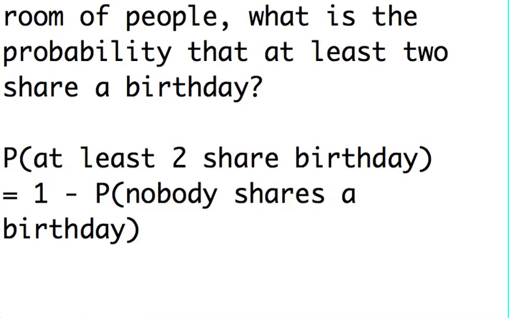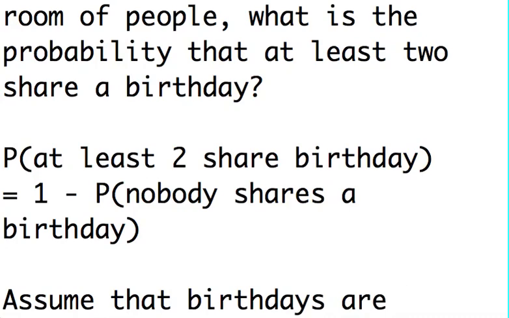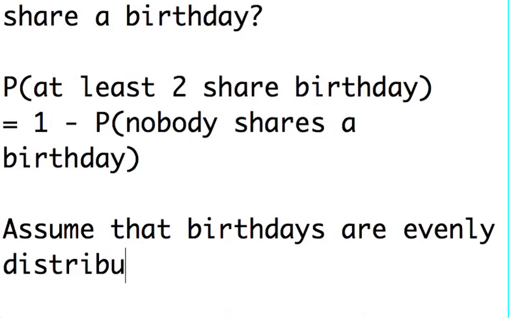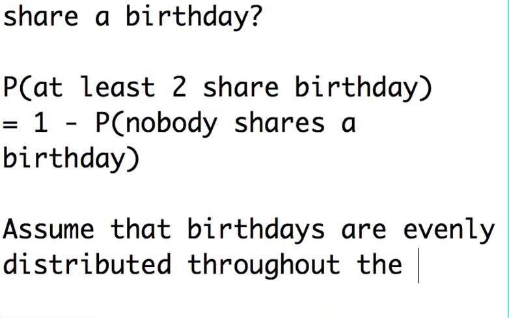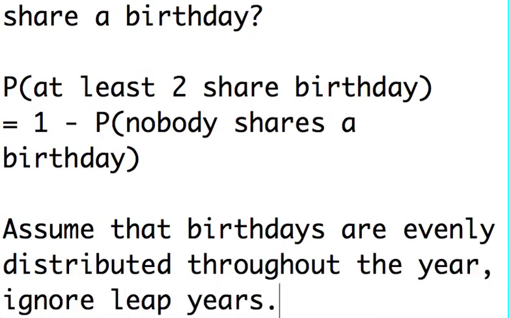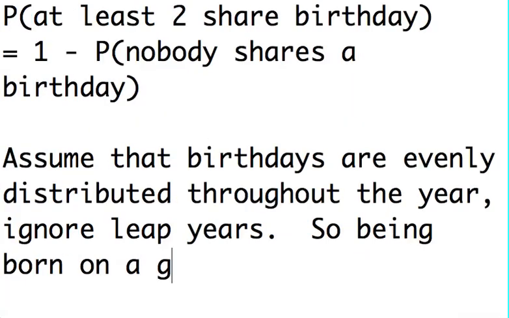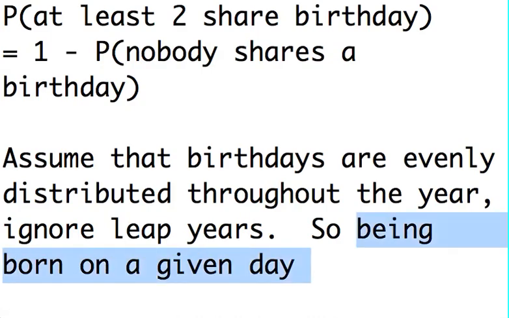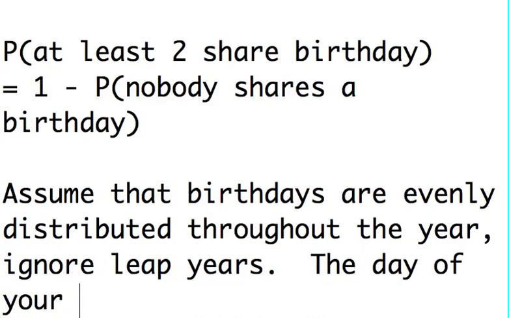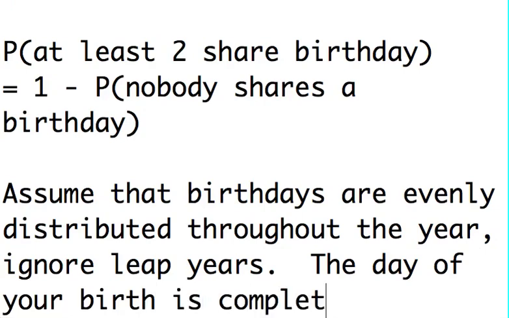Well, what is our sample space? We're going to assume that birthdays are evenly distributed throughout the year, and we're going to ignore leap years because that just makes our analysis a little bit more annoying. So this means that anybody has an equal chance of being born on a given day. The day of your birth is completely random.